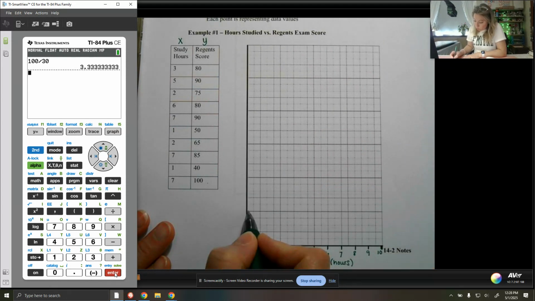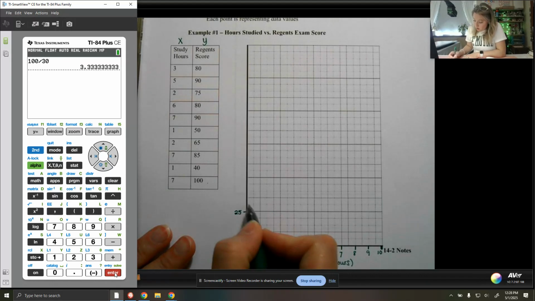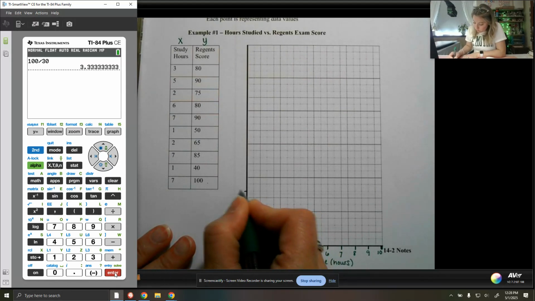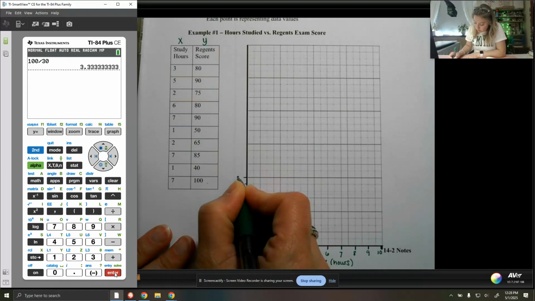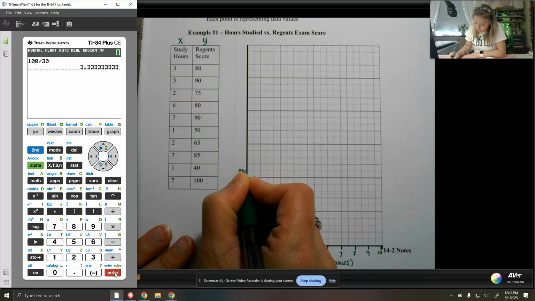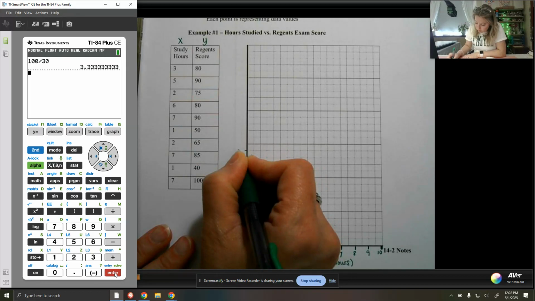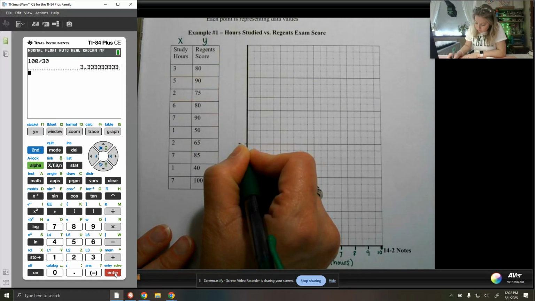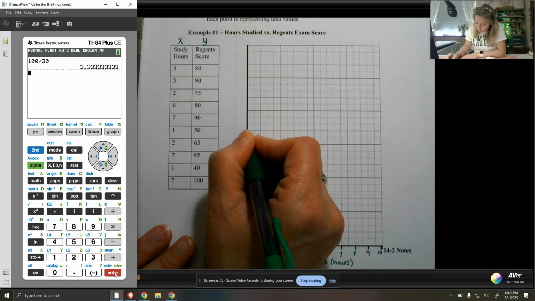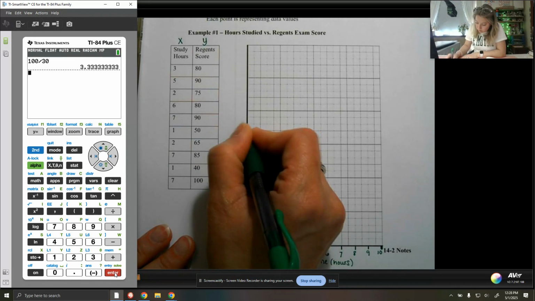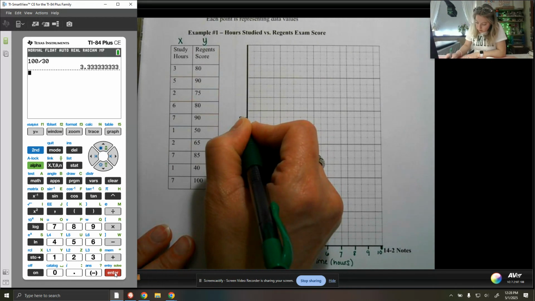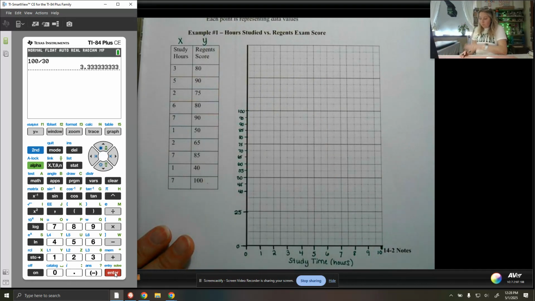5, 10, 15, 20, 25 would be this golden line. And we're not going to need anything below 25 anyway, but it's a good measure of where we're going. 30, 35, 40, we know we're going to need a 40. 45, 50, we know we're going to need a 50. 55, 60, 65, 70, 75, 80, 85, 90, 95, 100.